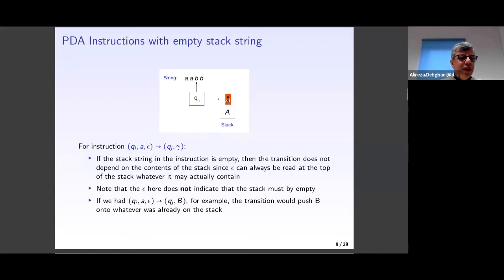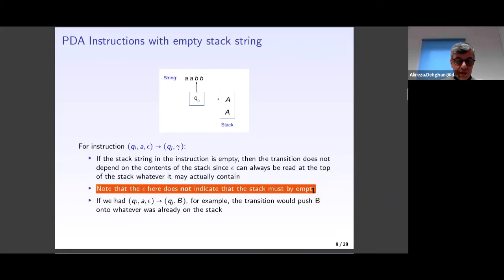If it is B, that's okay. If it is empty, that's okay. So this expression means if I'm in a state Qi, I read a, and whatever is on the top of the stack, I will go to state Qj and I will do something with the stack. Okay, so that's the most important thing you need to take into account here.